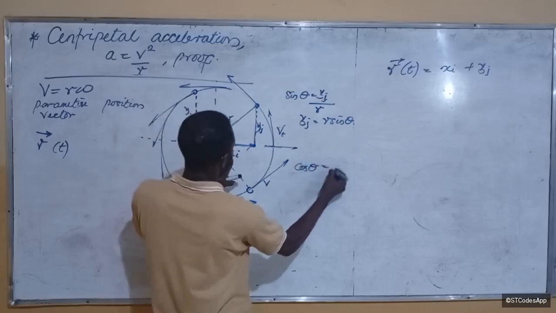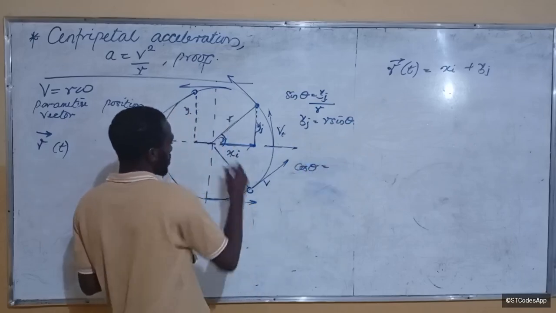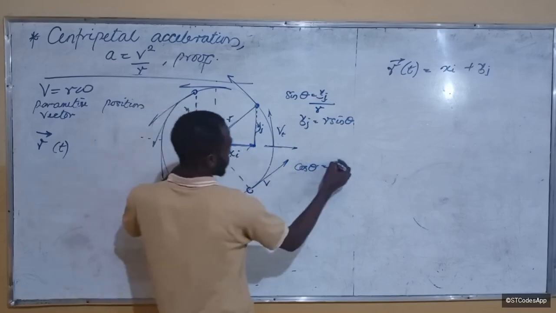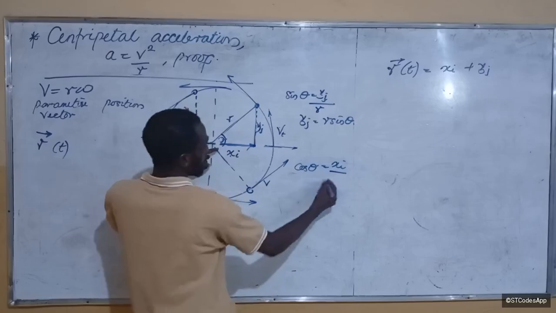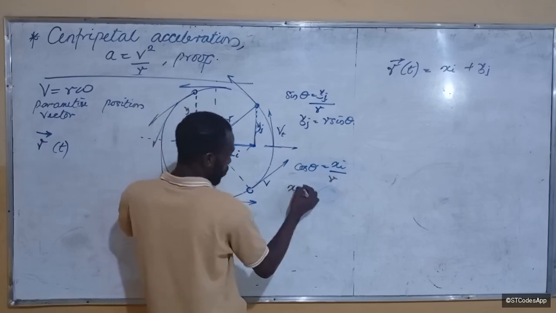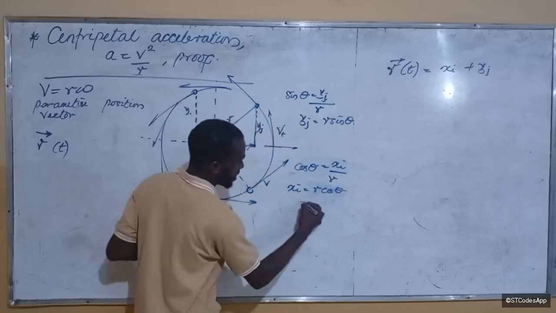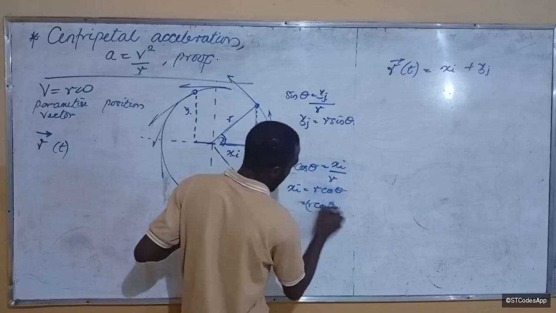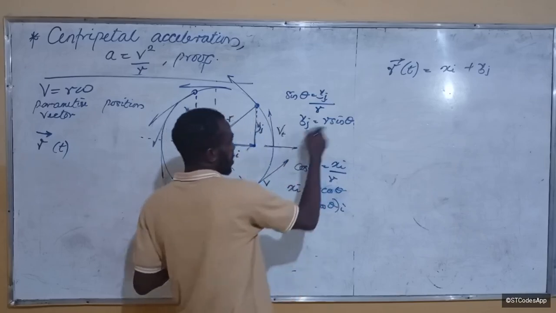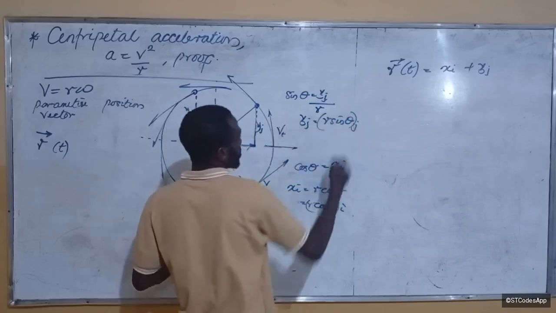Cos theta is adjacent, x i, over hypotenuse r again, okay? So x i becomes r cos theta. But of course, I can write this as r cos theta i. y j will also be r sine theta j.